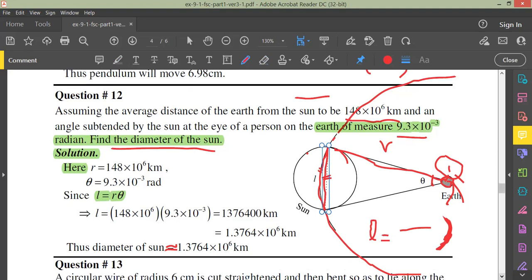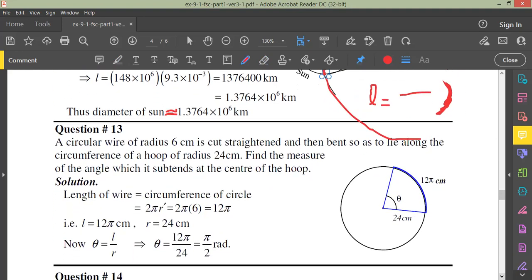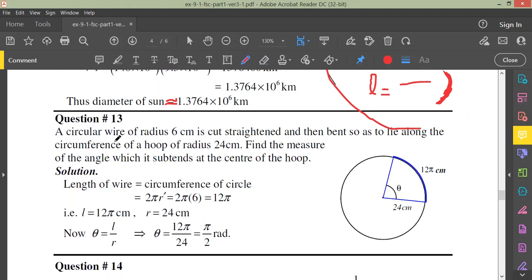So this is our question number 12. After question number 12, we will discuss question number 13. A circular wire of radius 6 centimeter, the value of r is equal to 6 cm, is cut, straightened and then bent so as to lie along the circumference of a hoop of radius 24 centimeter.